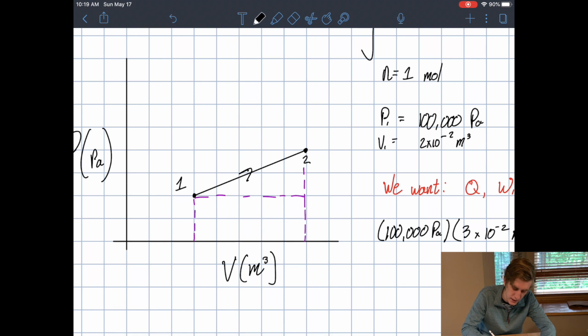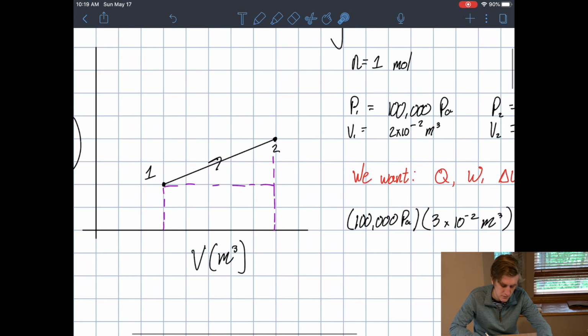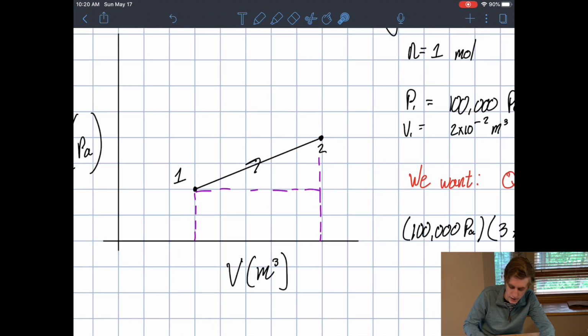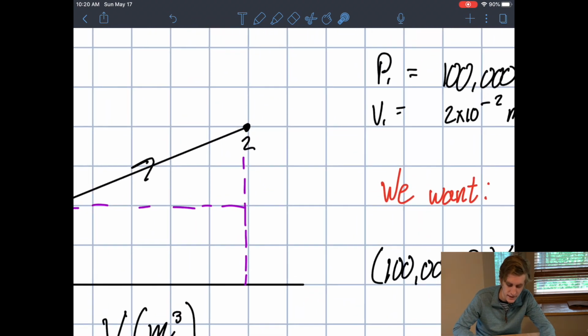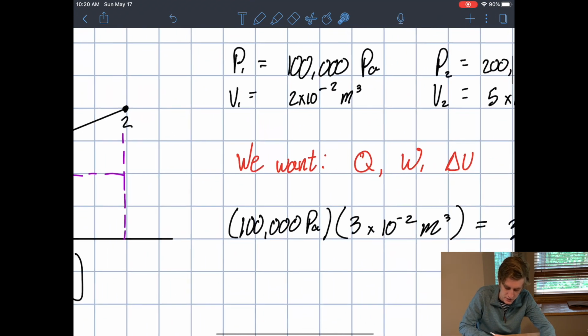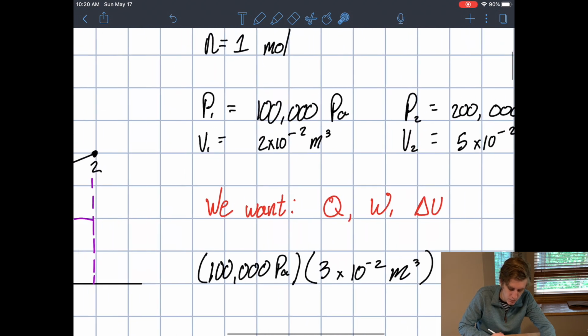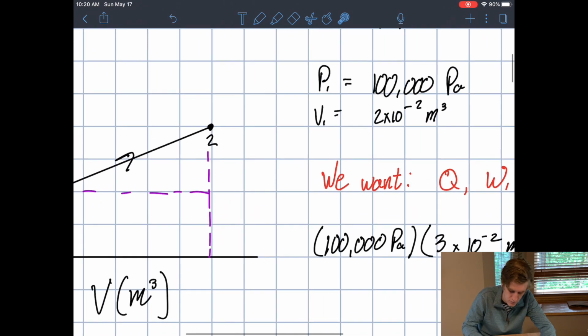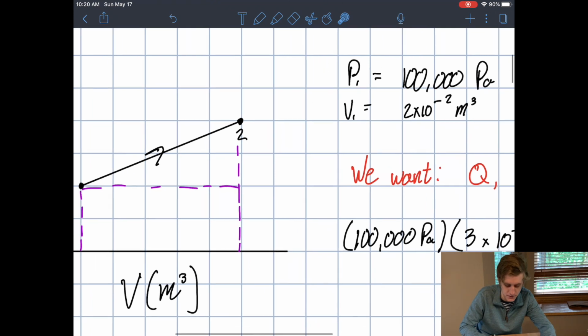Now let's do the same thing for this triangle. This triangle has the same width that the rectangle had. It's just the difference in volume between this point and this point. To calculate its height, we just have to calculate the difference in pressure between this point and this point. We know that the pressure at this point is the same as the pressure at this point. It's just 100,000 pascals. And we know that the pressure at point 2 is just equal to 200,000 pascals. So the height of this triangle is equal to 100,000 pascals.